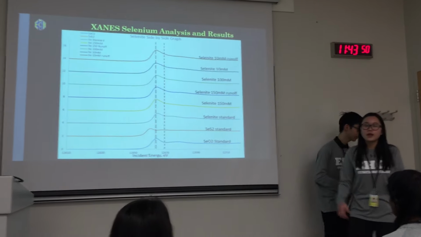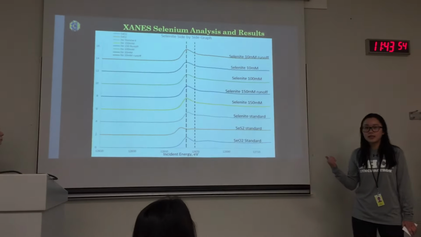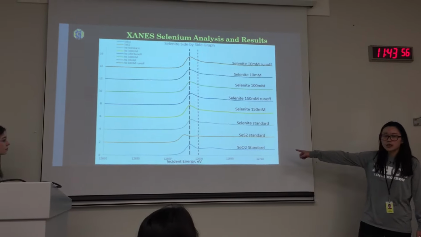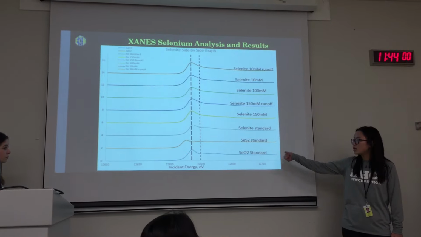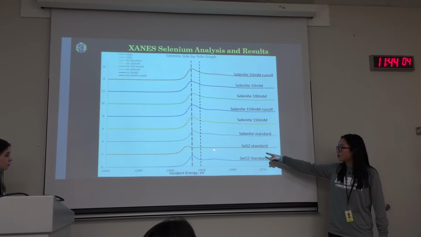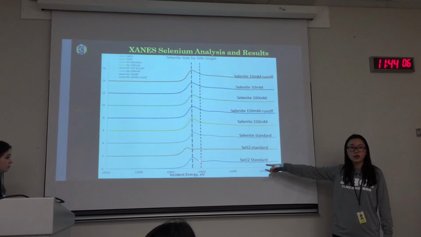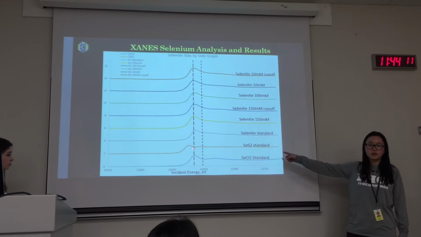Okay, so now here is the Zane's graph for selenite. Similar to selenite, we eliminate the two possibilities of selenite samples being selenium sulfide and selenium oxide, because you can see the blue line is selenium oxide and the orange one is selenium sulfide.